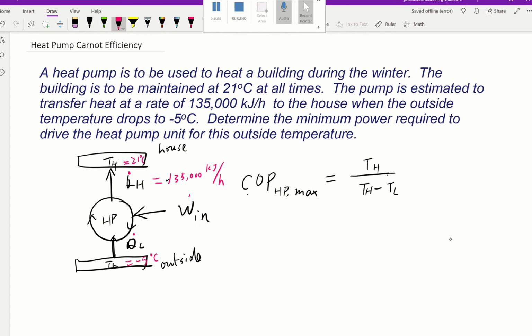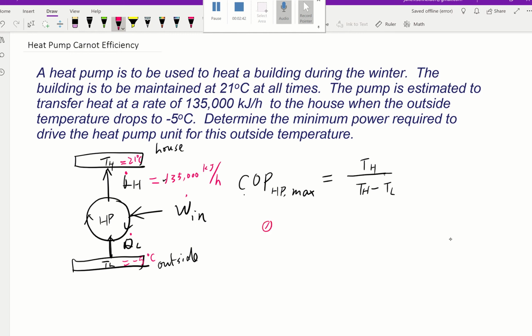Now let's go ahead and solve this maximum COP. We know TH, the higher temperature reservoir, is 21. But we have to change that to Kelvin. Again, we have to use Kelvin. Then the bottom, TH minus TL.